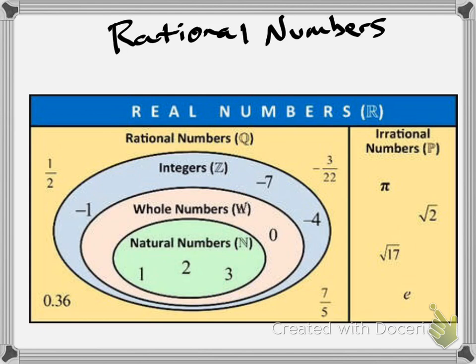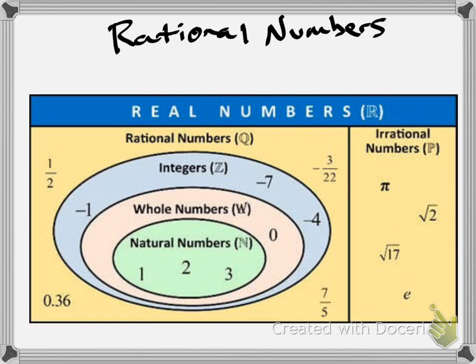You're going to notice fractions and decimals. Any fraction that either repeats or what we call terminates, or ends, is a rational number, and that's going to be true for decimals as well. Any decimal that has a repeating pattern or that eventually ends will be a rational number.